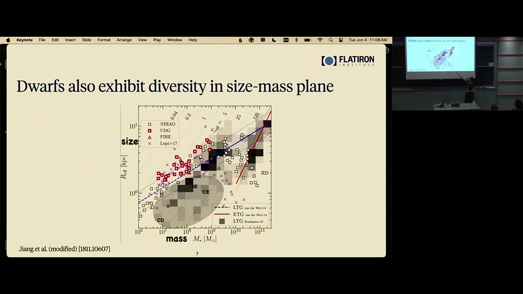So things above this relation are more diffuse, and things below this are objects that are more compact. And the point is that at stellar mass of 10 to the 9 or below, NIHAO and FIRE are only producing these more diffuse objects. They're not producing any of these compact objects in the SPARC data.